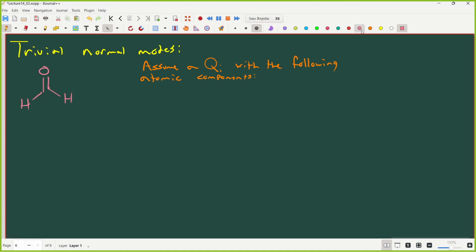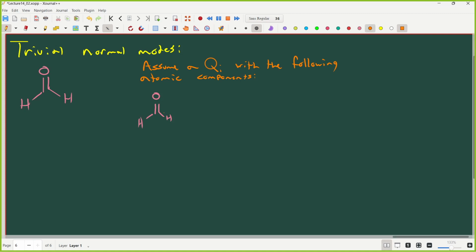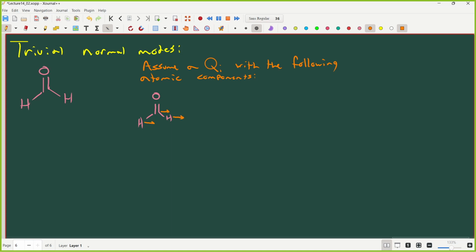So I'll take my molecule, and then what I'm going to do is move all the atoms parallel to each other in some direction.